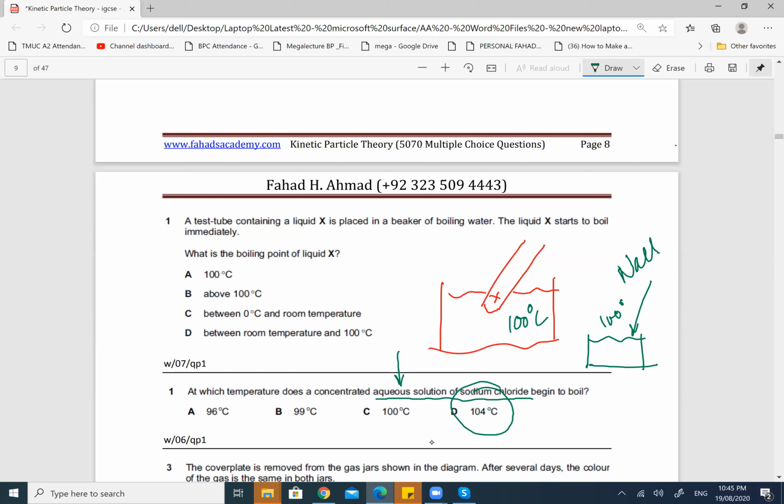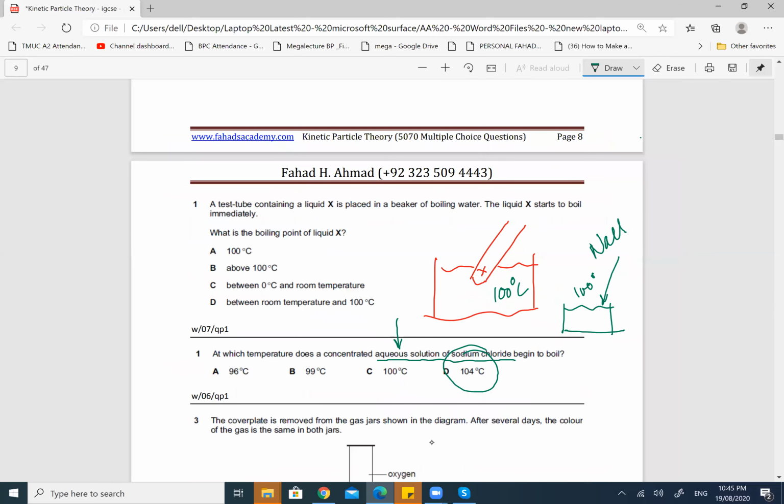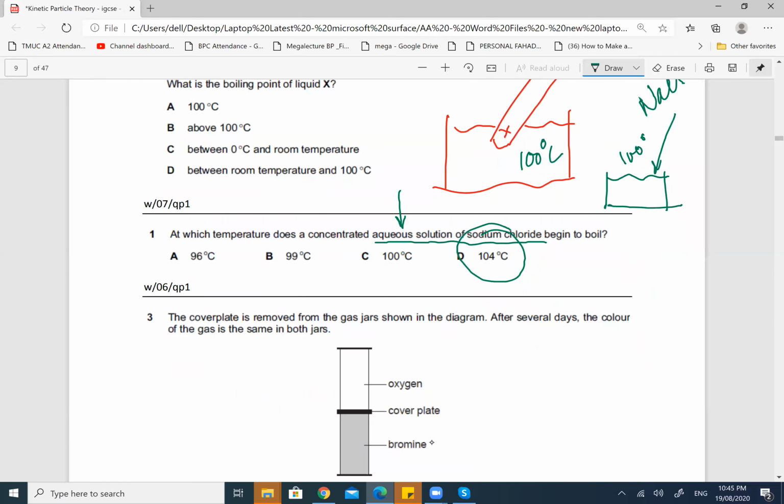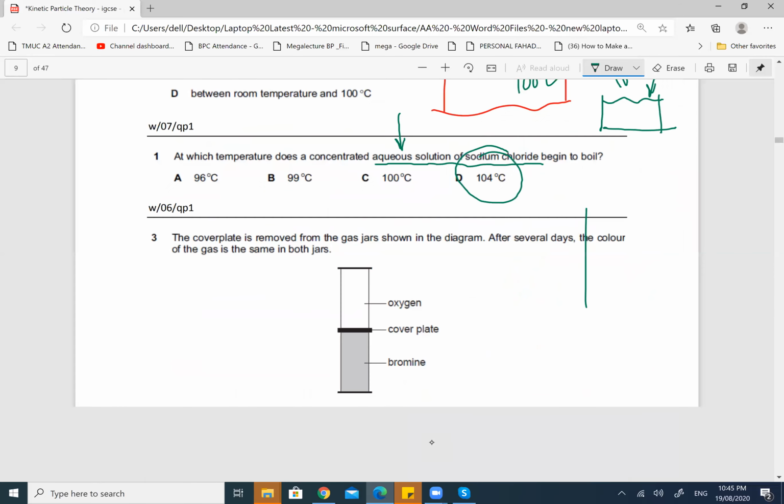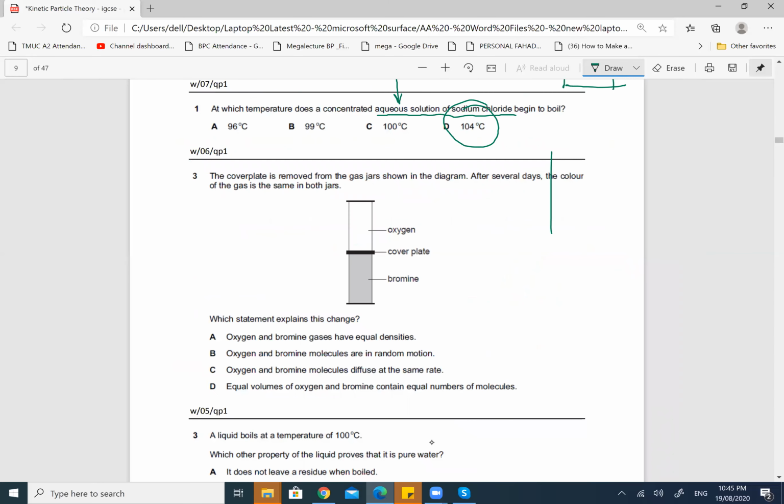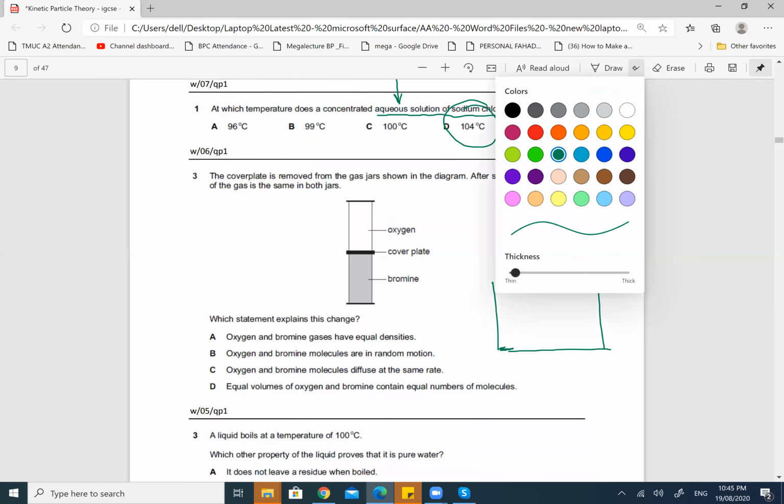But why does it go higher? What is the reasoning behind this? The reason it goes higher is that it becomes more difficult for it to evaporate, right?